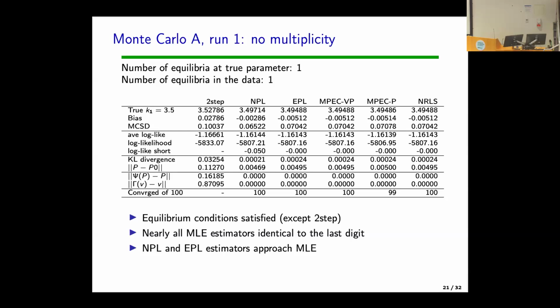So you get two vectors of conditional choice probabilities: the true ones generating the data, and the predicted ones from the estimated model, and you can compare. That's the KL divergence here, and then you have also just the maximal absolute difference between these two vectors, if you think that's more intuitive. That's what's printed down here.